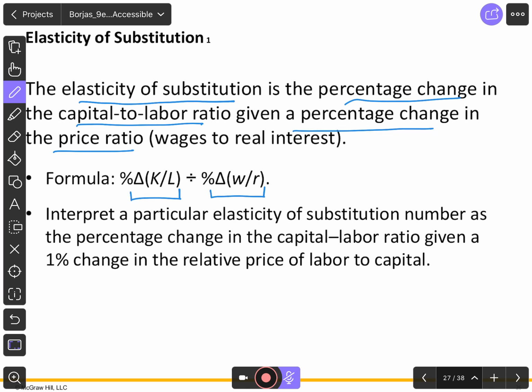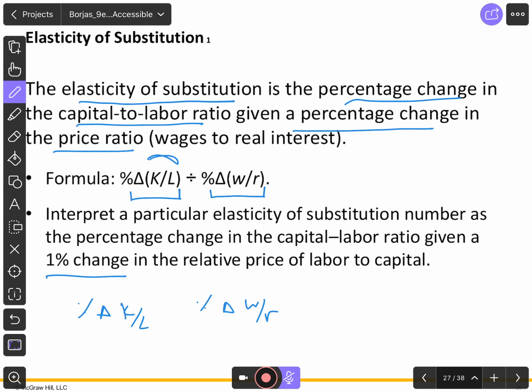Each and every time we are talking about elasticity, we are talking again about a 1 unit change. What is the percentage change in the capital labor ratio because of a percent change in the price ratio?